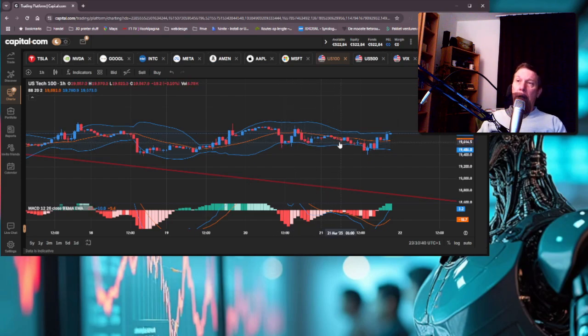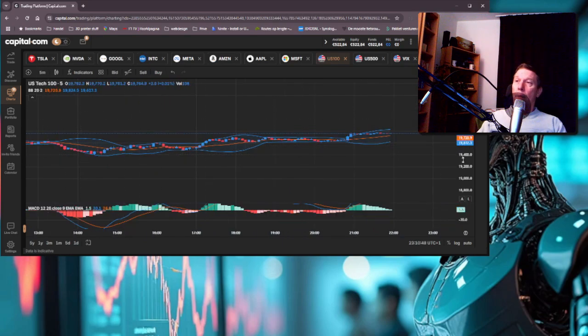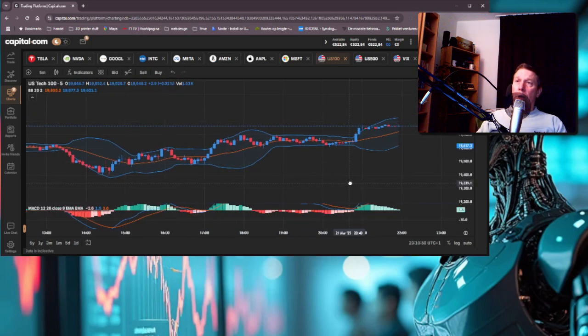And just like yesterday, we have a sideways movement. If I go back to the 5 minutes and zoom in, we also see a lot of candles alternating red, blue, red, blue, red. It's not the ideal combination for the bot to do its work.